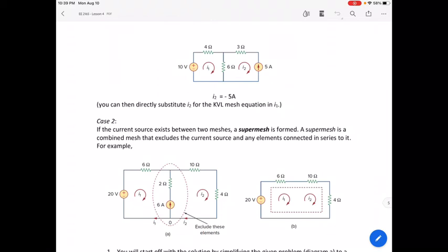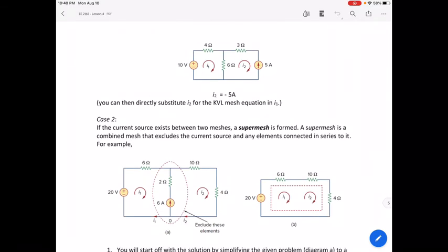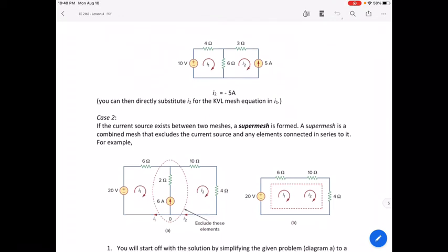So we have diagram letter A. This is the actual problem, but if we are gonna redraw the circuit, it becomes that the middle branch of the circuit is gone. So that will make our problem solving quite easier.